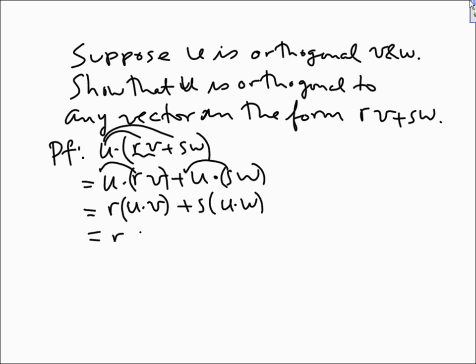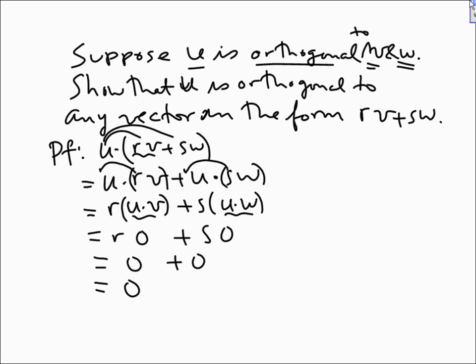But U dot V is 0. R times 0 is 0. Plus S times U dot W is 0, because U and V are orthogonal, and U and W are orthogonal. U is orthogonal to V, and U is orthogonal to W. And 0 plus 0 is 0.